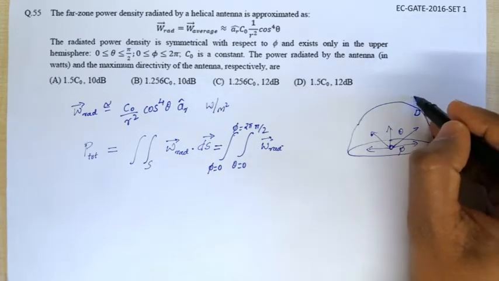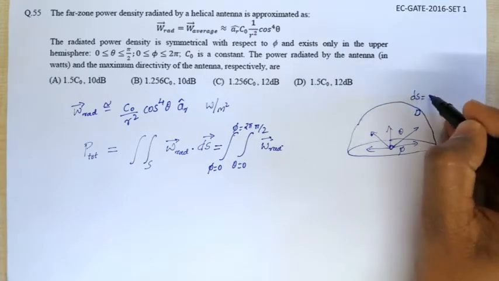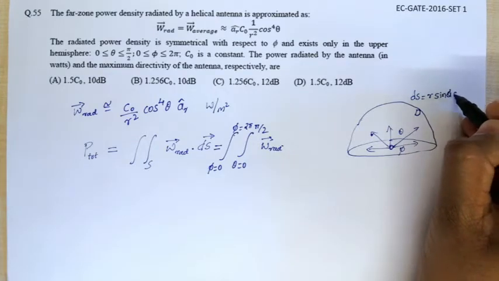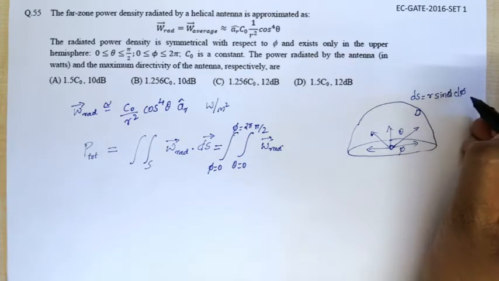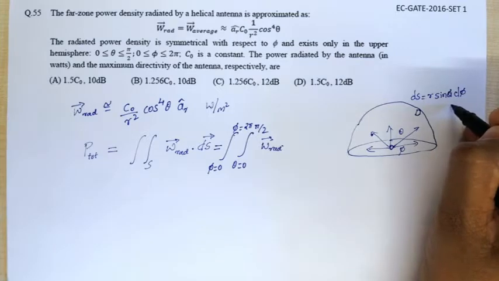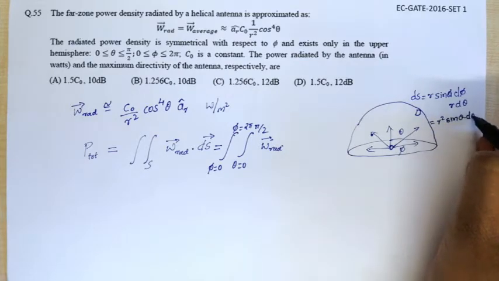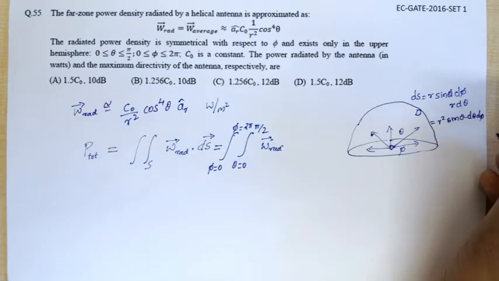We know that ds is given as r sin theta d phi and r d theta, which is r square sin theta d theta d phi.